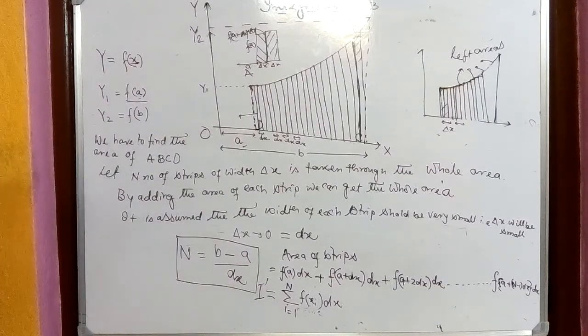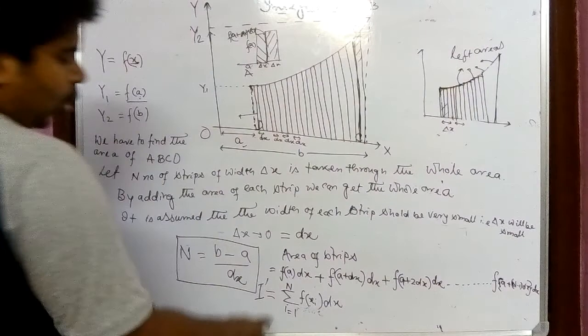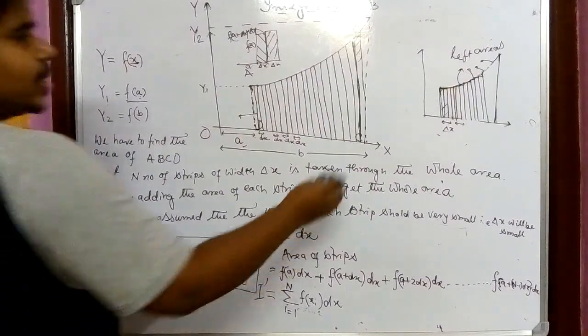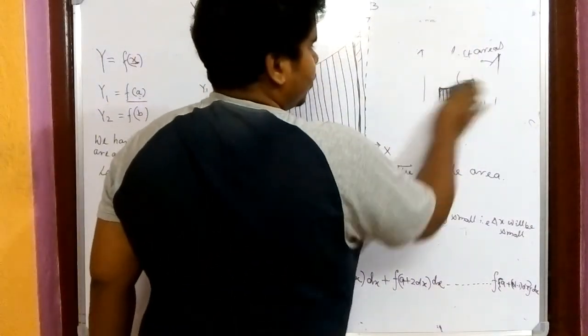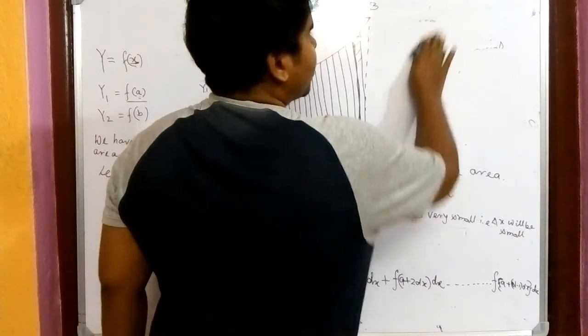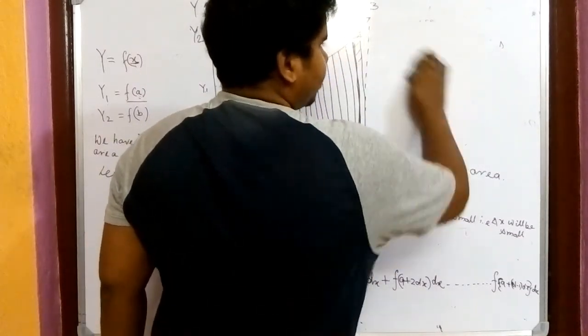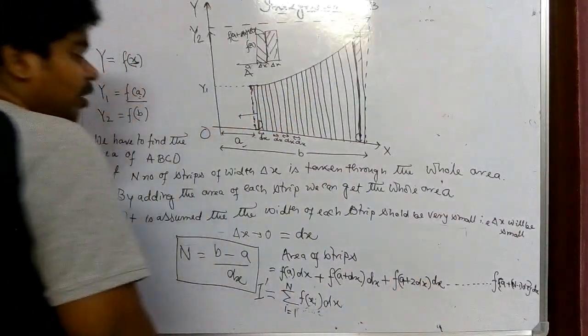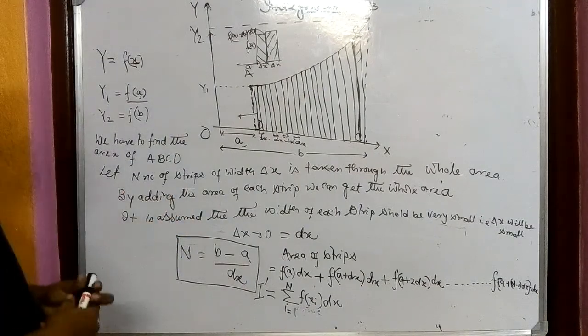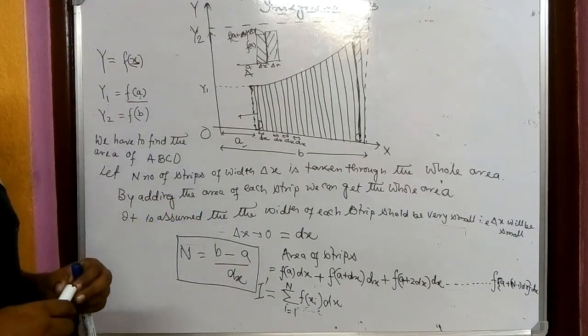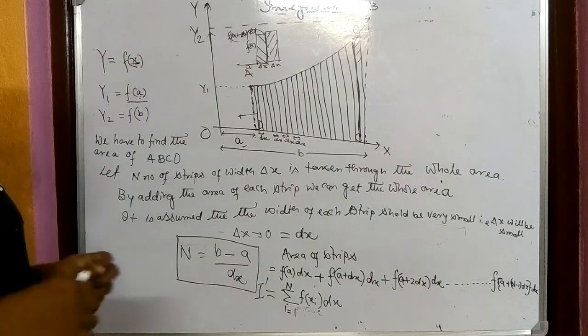But there is a problem. What is the problem here? The problem is, whenever we are taking summation, the summation will have certain rules. What are the rules? Now we can use summation if the function is discontinuous.